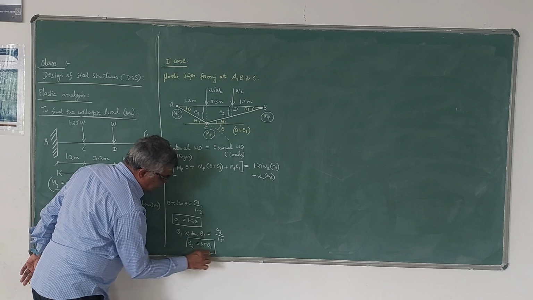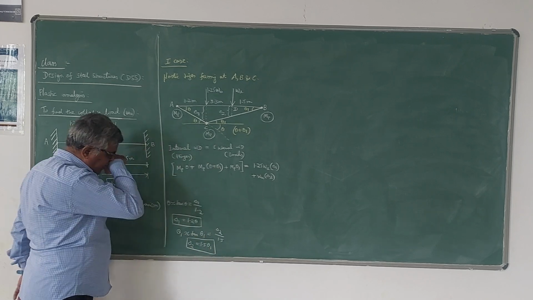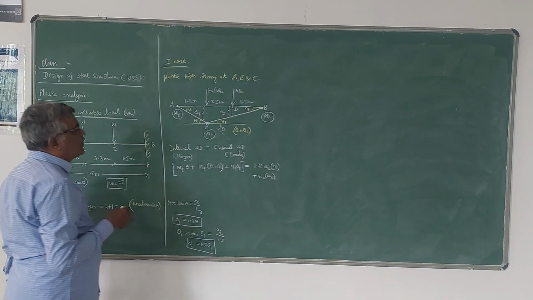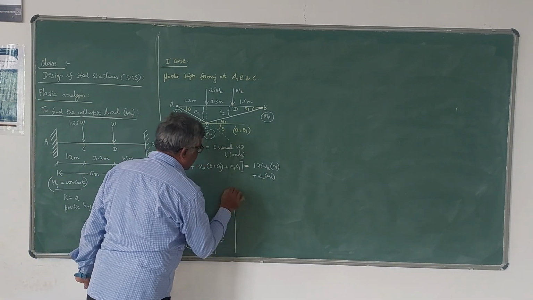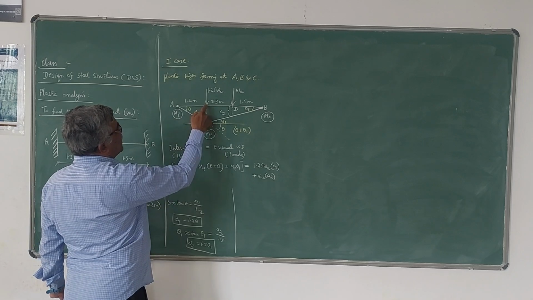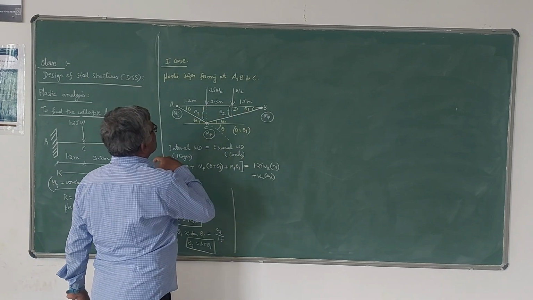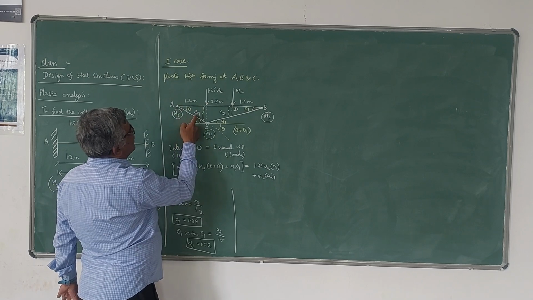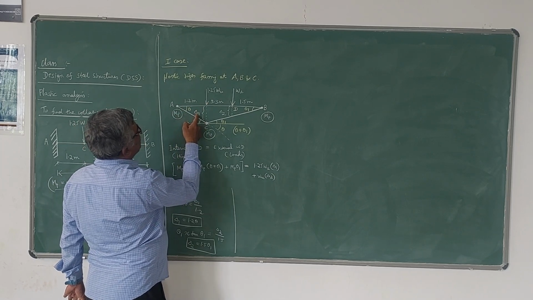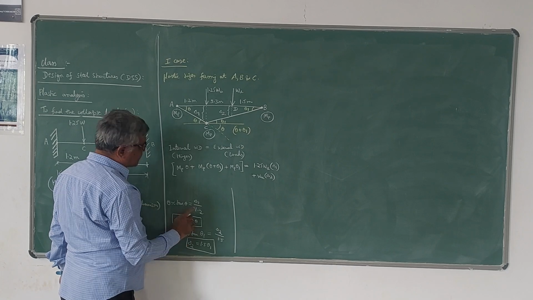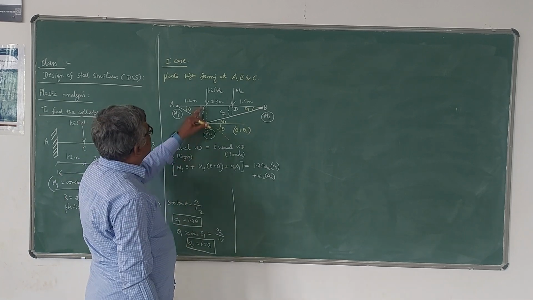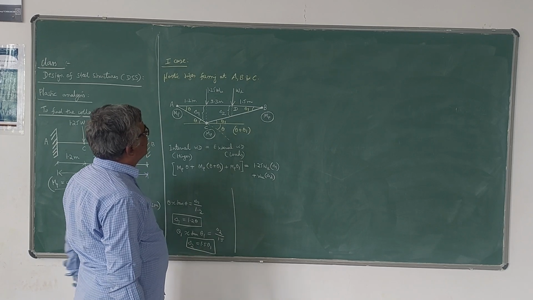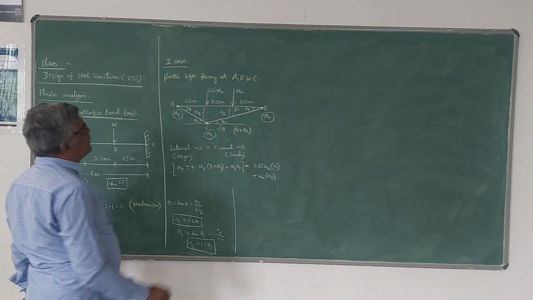Now I need the relationship between theta and theta 1 also. Considering these two triangles, we observe that from one triangle delta 1 is equal to 1.2 times theta, and from the other delta 2 is equal to 1.5 times theta 1. Now I have to take these two triangles.